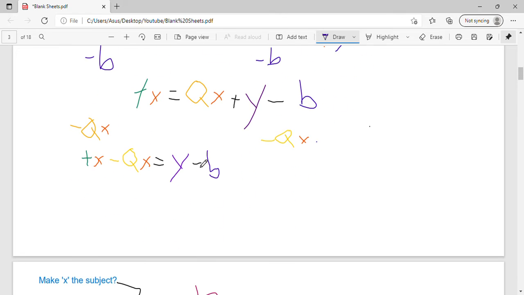Okay, so now what we have to do is we can see that there's x in front of both of these variables, in front of both t and minus q. So that's good. We can factorize that out.